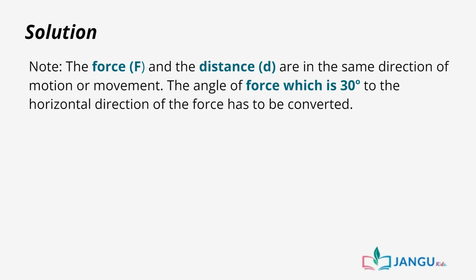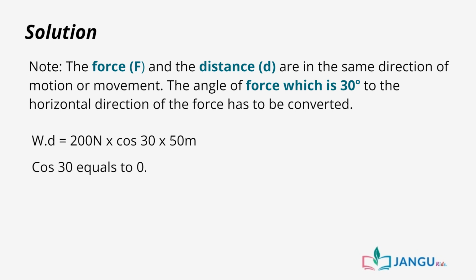Work done is given by F cos 30 times D. Substituting force equals 200 N and distance equals 50 M, work done equals 200 N times cos 30 times 50 M. Using either the 4-figure table or calculator, cos 30 is equal to 0.866.